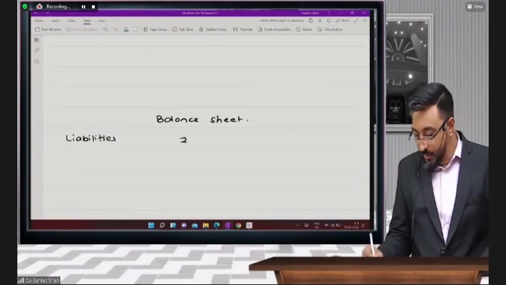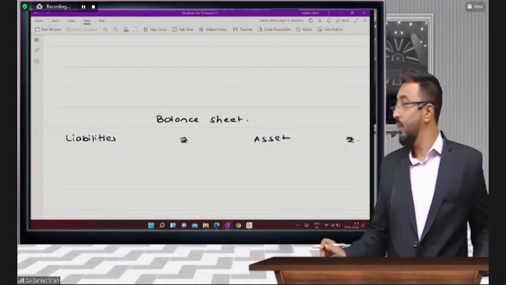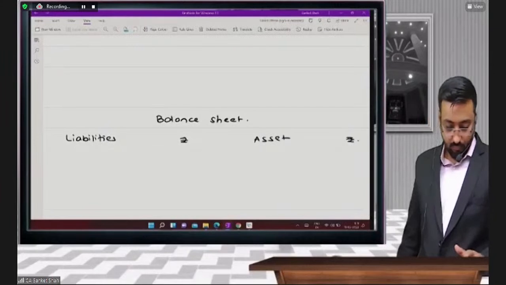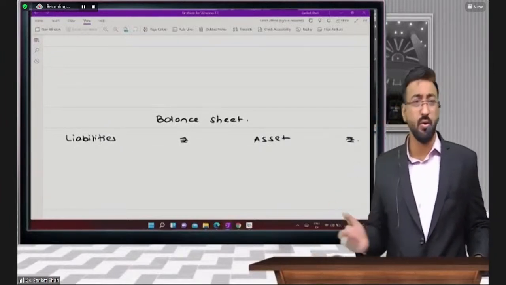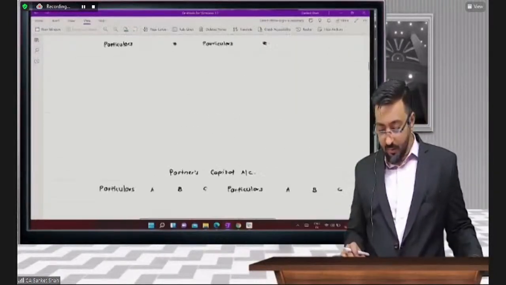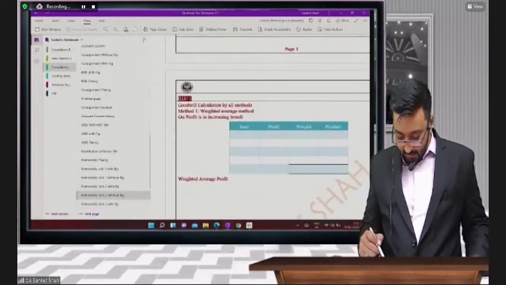Liabilities, rupees; assets, rupees. Of 10 lines, 8 to 10 lines. Okay. Chalo. Draw fast and tell me over.